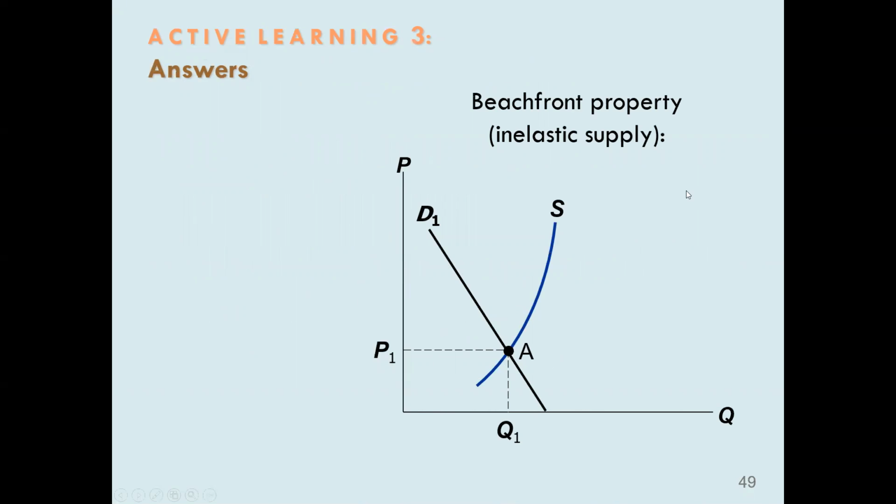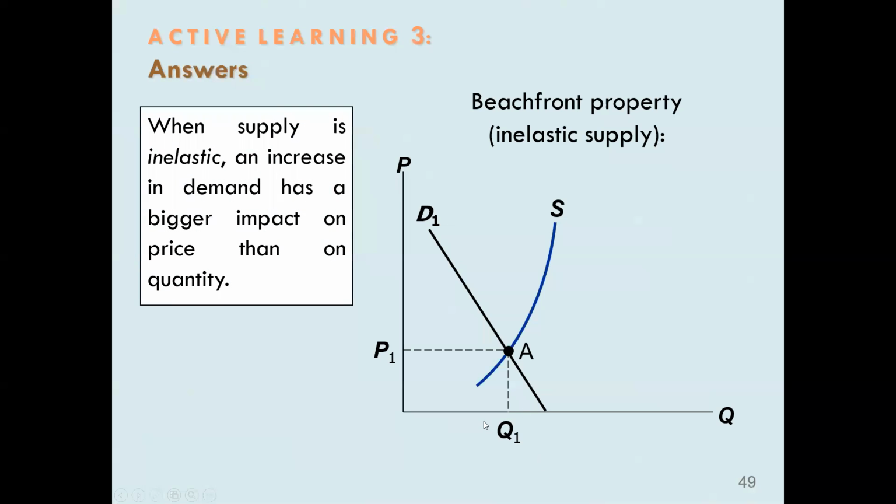So let's look at the demand and supply curve for the beachfront property, which we have assumed faces an inelastic supply curve. So we can see that at P1, quantity supplied is Q1. When supply is inelastic, an increase in demand has a bigger impact on the price than on the quantity.